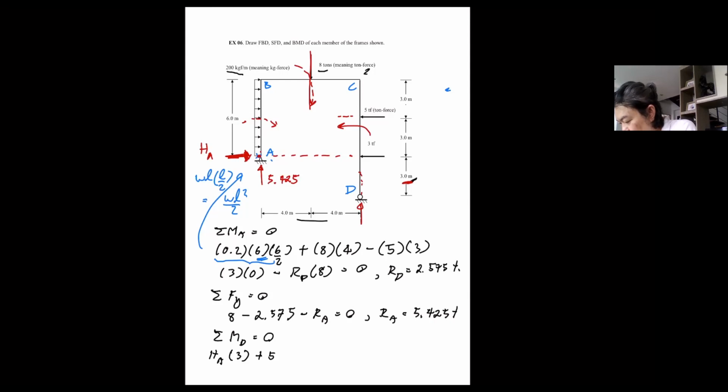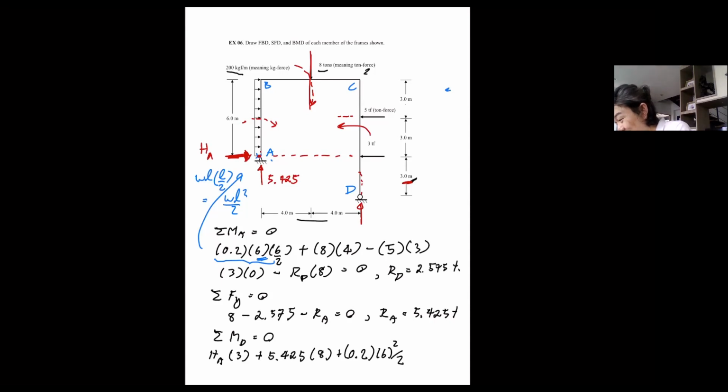So that's 5.425 multiplied by the distance, which is now 8. Okay, and then you have the uniform load, 0.2 multiplied by 6 squared over 2.